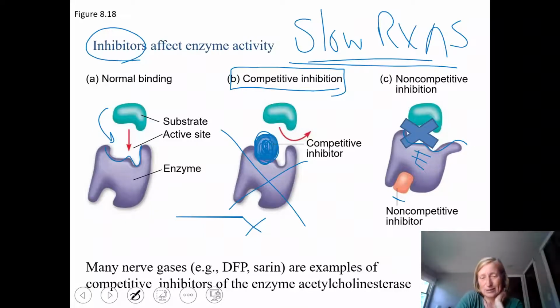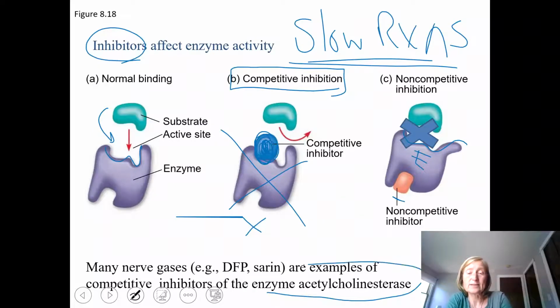Here's a good example of a competitive inhibitor. Maybe you've heard of DFP or sarin. These are both nerve gases, and they are actually both examples of competitive inhibitors of an enzyme called acetylcholinesterase. I just like this example because it's fascinating. DFP is a nerve gas.